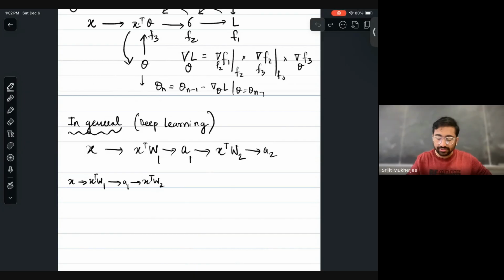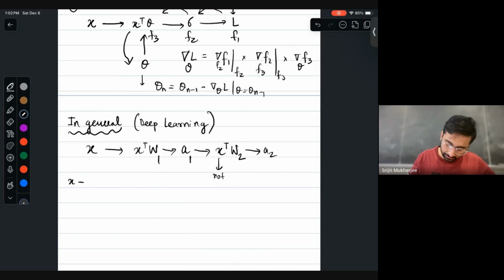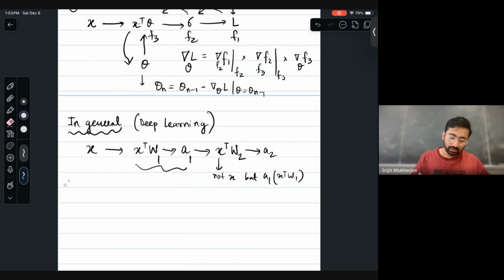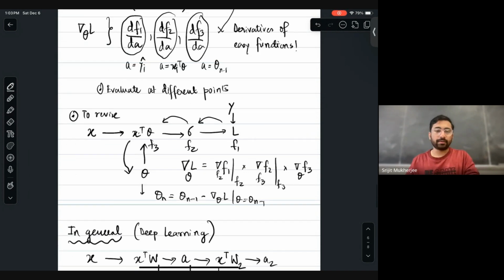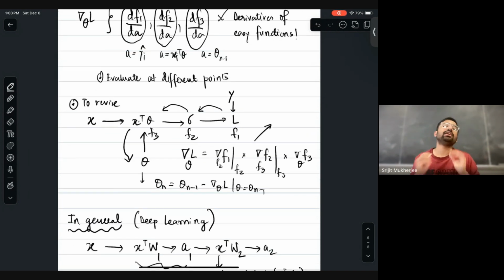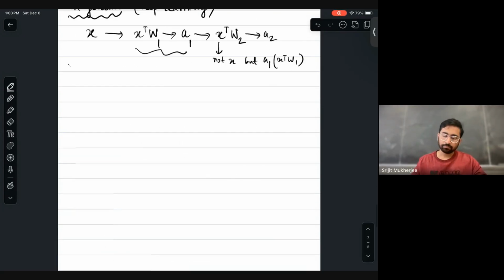So what we can do is say the layers. What are the operations happening? Instead of this, it's not X transpose, not X, but A1 of X W1. What is the output of this first layer? So we can just define the F1, because that only matters in backpropagation. What is the function that matters? The individual functions.